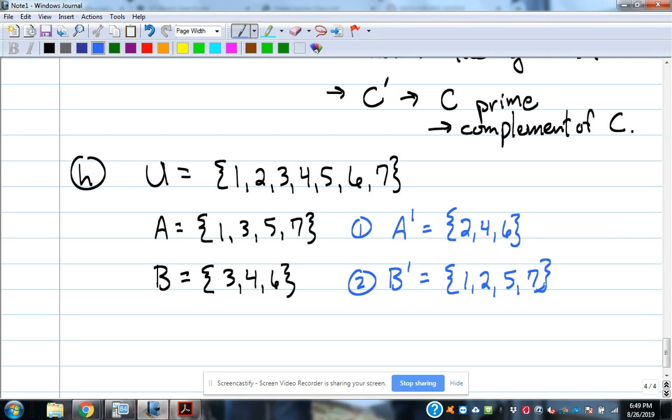Okay. While we're here, let's just tie up loose ends on the intersections and union. Let's do A intersect B. What's in there? Just 3.